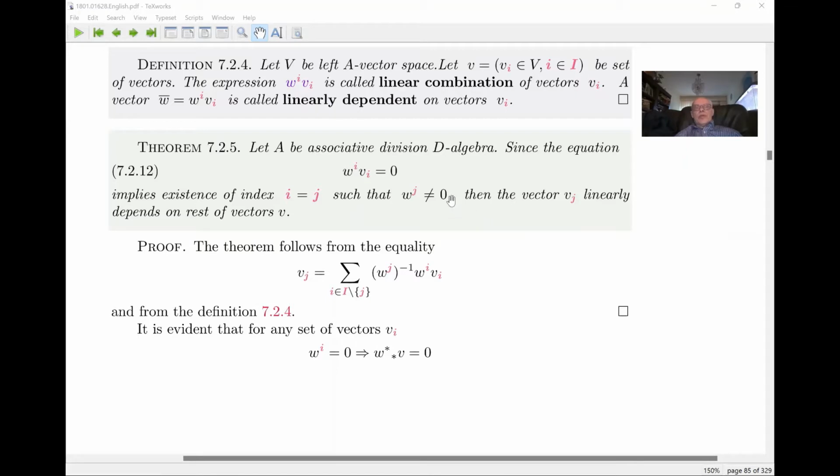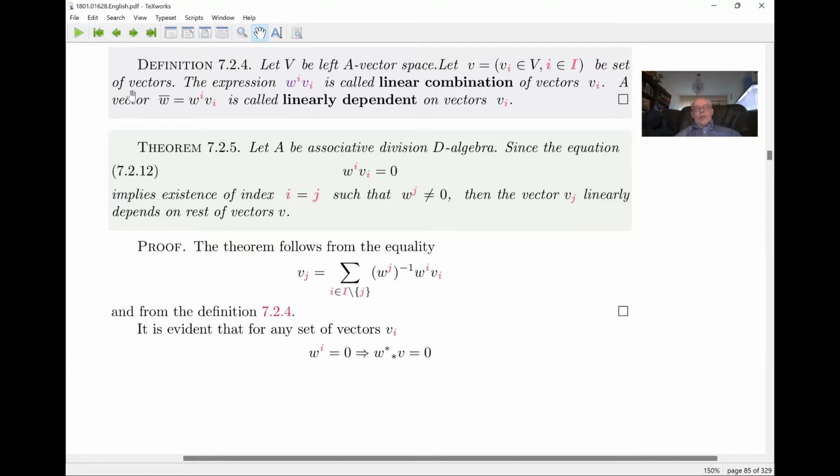Now we consider the definition of basis of vector space V over non-commutative algebra A. Let V be a left vector space. Let we have a set of vectors vi, where i belongs to the index set I. The expression wi vi, where we assume the sum over index i, is called a linear combination of vectors vi.